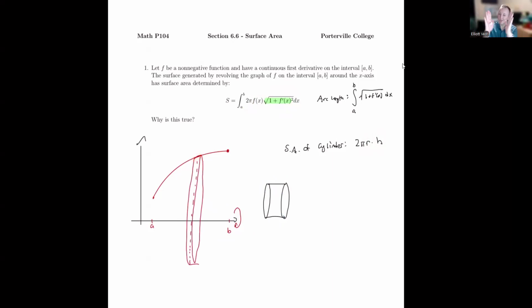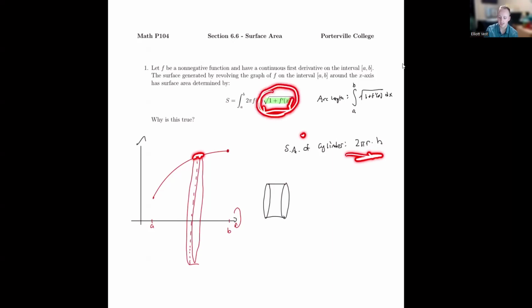But if you go smaller and smaller and smaller, that's going to look more and more like a cylinder. So in this situation, we have a cylinder that has a small length, and that length, or the height in this formula, is captured by the length of the arc on that interval.